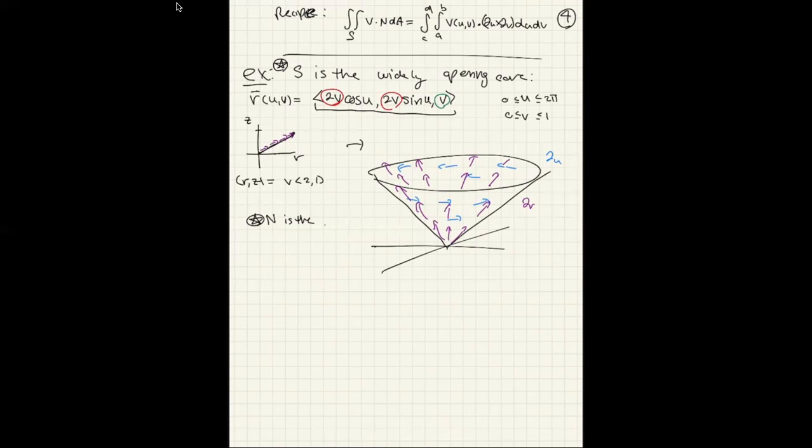There's always only two choices of a unit normal vector field, either one or its opposite. Hopefully that doesn't persist. So that means the unit normal vector field is the one that kind of comes in like this. This one's coming right at your face, and this one's coming in like this. Okay, so that's n. It's really supposed to look orthogonal to the cone.